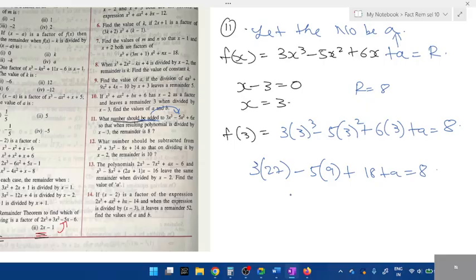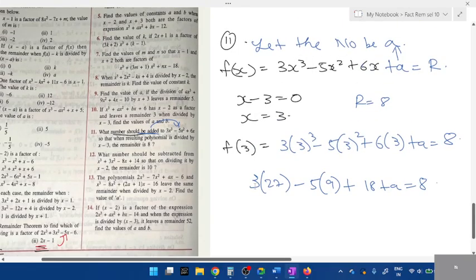Okay, the polynomial. How many questions are there in the first exercise? Can someone just check? Is it only 14? Okay, fine.